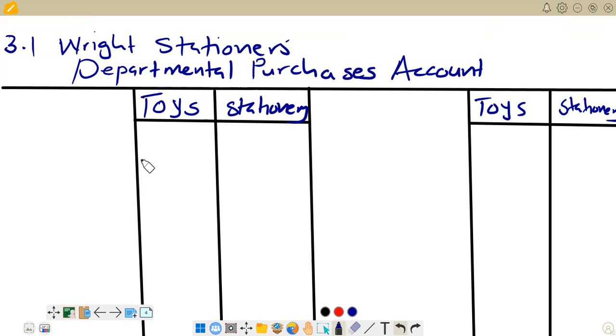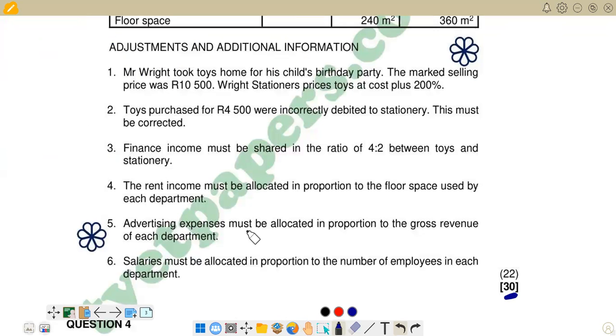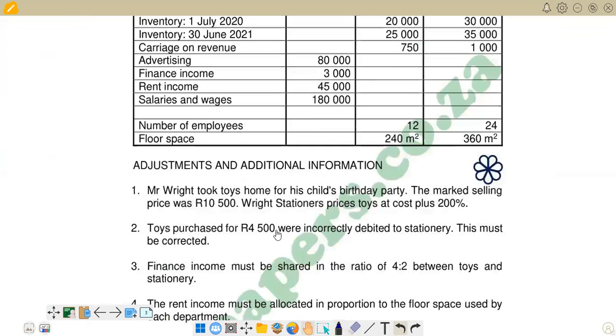So obviously we are going to start with the balance brought forward. That is the balance from the last period, and we're going to put it on the debit side. So here we are going to say balance brought forward, and then we go to the question to check the balance that we have at the beginning of the question. Let's see what balance we have in the question.